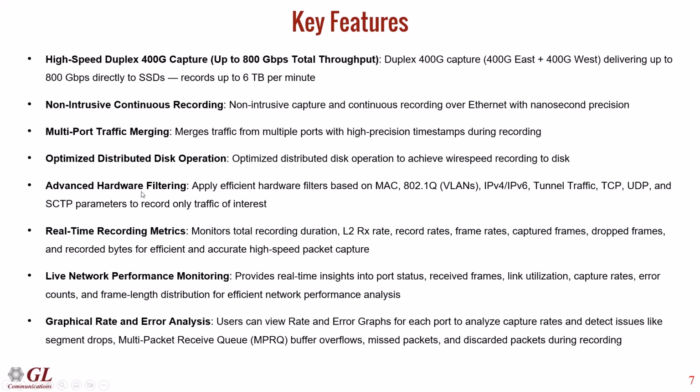Nothing here is done at the OS level. It's all done at the hardware level, right at the onboard network interface card. So that way we are ultra fast and we don't drop any packets, and we can filter based on a whole variety of different protocol headers.